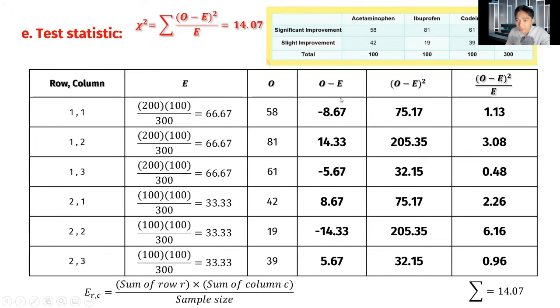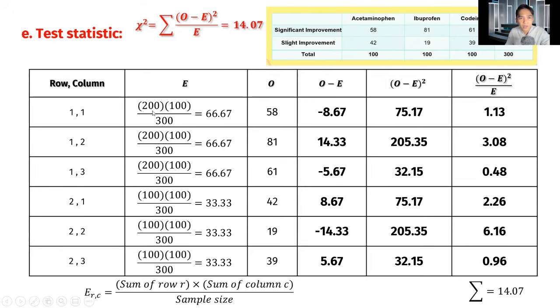So 200, times column 1, 100. Divided by, as in our formula earlier, our population, 300. So 300 is our population there. So that is equal to 66.67.